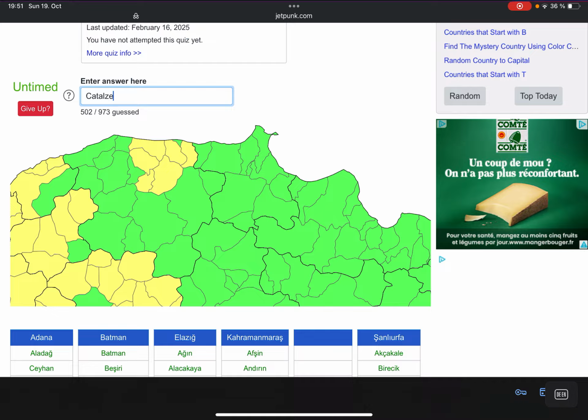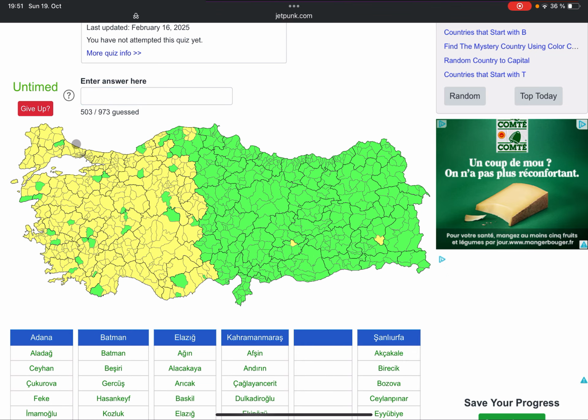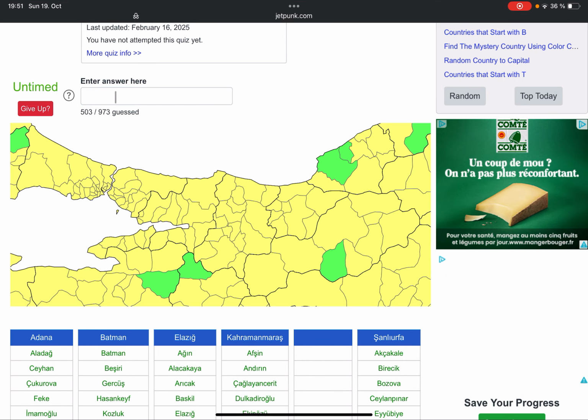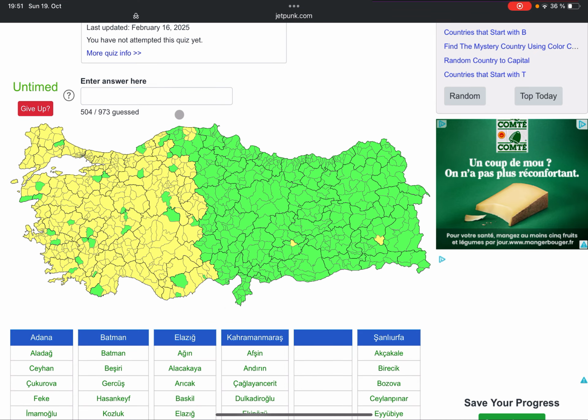Çatalzeytin. Zeytin means nose. Sorry, not nose. Zeytin means olive. The reason why I say it means nose is because there's actually a district in Istanbul, I guess we'll just do it right away, called Zeytinburnu, and burun means nose, so Zeytinburnu basically means olive nose.